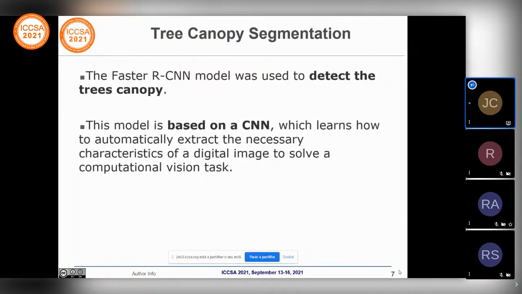In this study, the faster region-based convolutional neural network model was used to detect the tree canopy. This model is based on a convolutional neural network, which learns how to automatically extract the necessary characteristics of a digital image to solve a computer vision task.